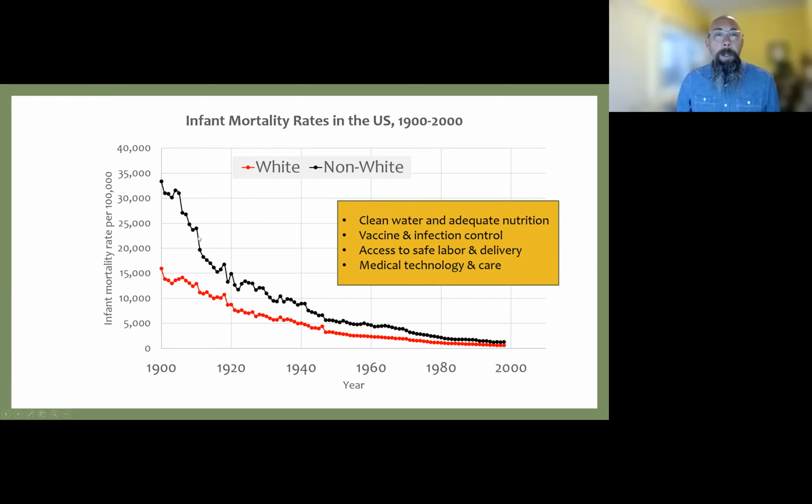For the most part, these are births to African-American women, but it's a category that's not fixed in truth, it's a social construct. So what we can see from this is that infant mortality went down for everybody. And when we look at the reasons why, there are things like clean water and adequate nutrition, vaccine and infection control, improved medical technology, safe labor, et cetera.